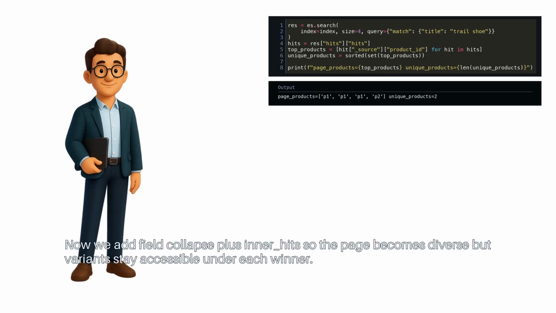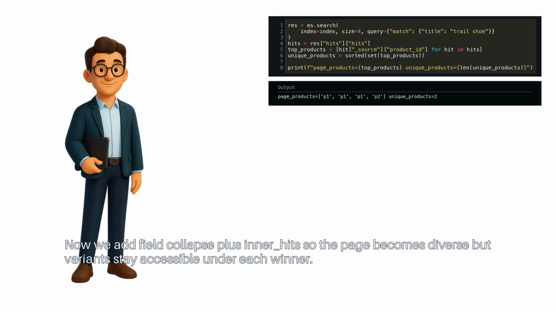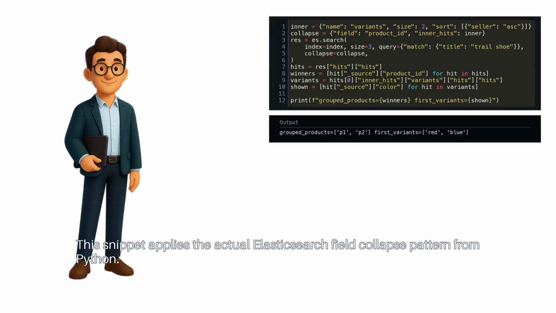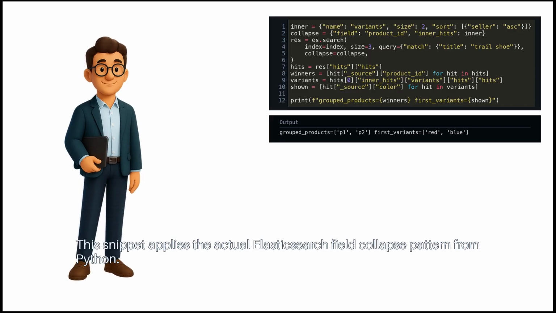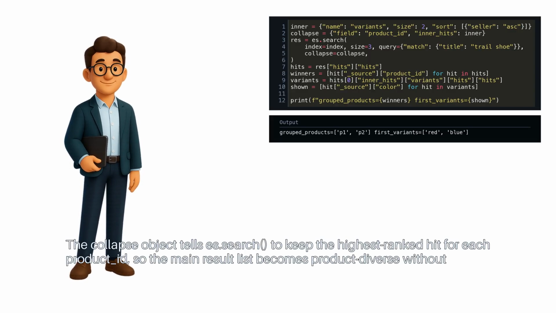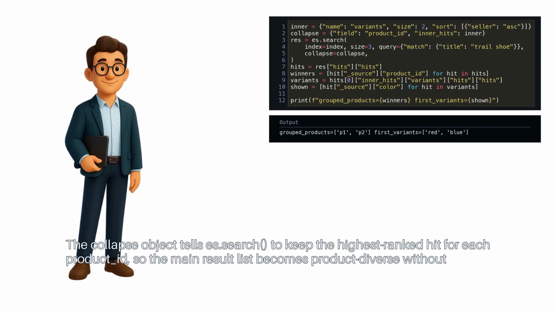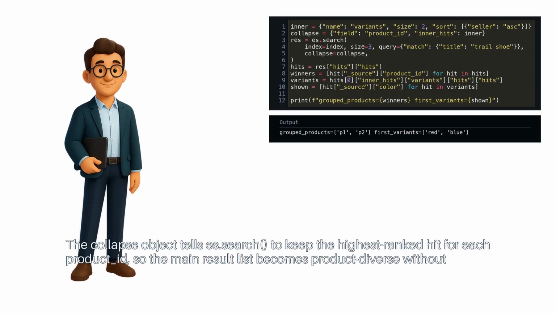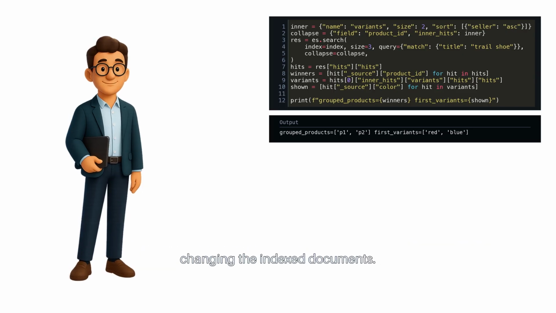Now we add field collapse plus inner hits, so the page becomes diverse, but variants stay accessible under each winner. This snippet applies the actual Elasticsearch field collapse pattern from Python. The collapse object tells Elasticsearch to keep the highest ranked hit for each product ID, so the main result list becomes product diverse without changing the index documents.